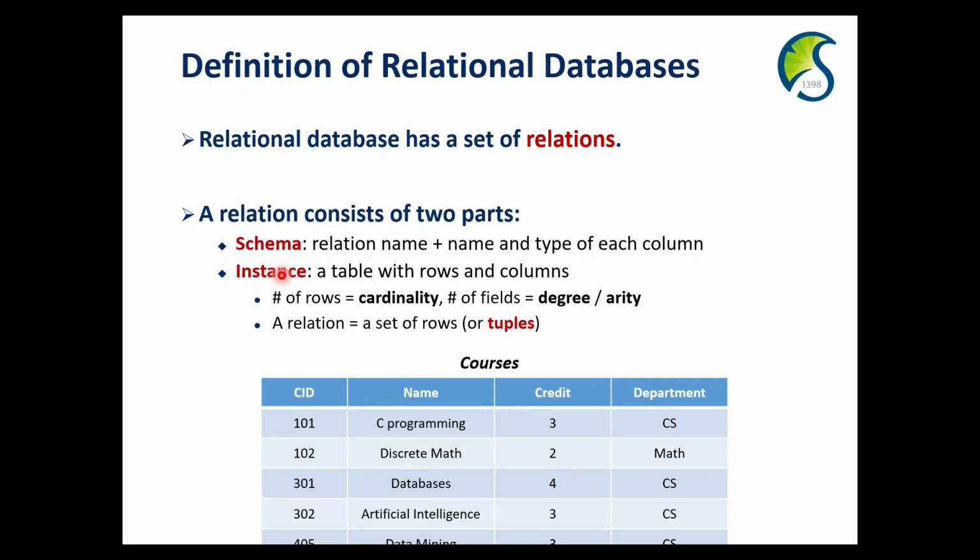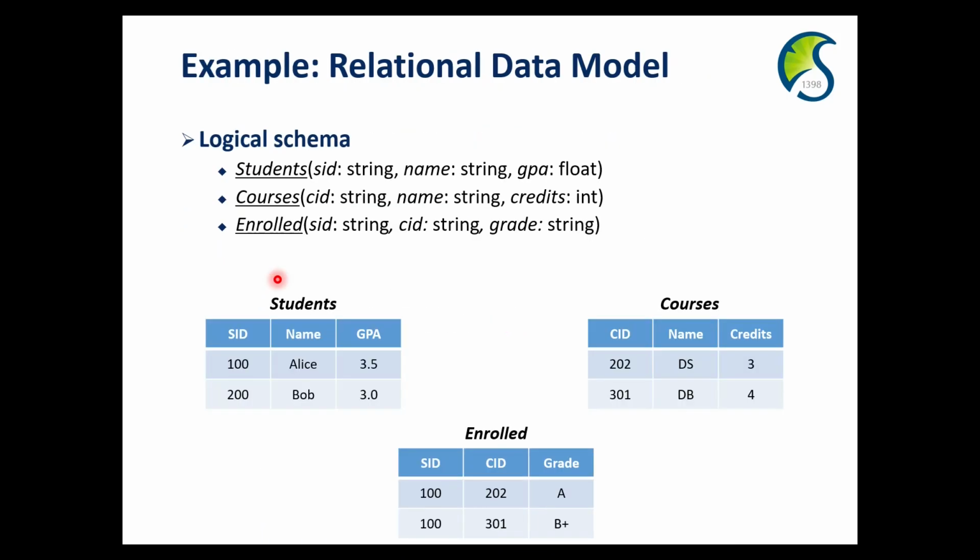And so let me further explain the relational data model. And as I said, the relational data model is a logical database design. So we can represent the logical schema like this. This is the student schema, the student relation, and the student relation consists of three different columns: SID, name, and GPA.